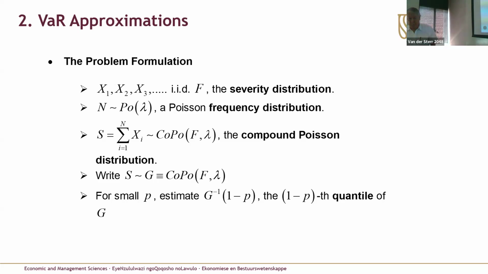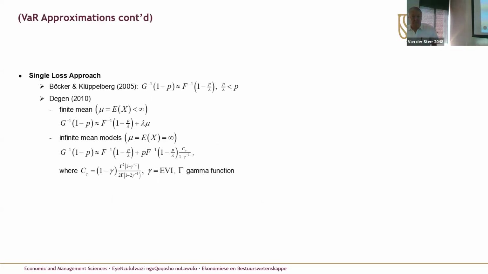So that's the formulation. Now, let me just say something about the approximations that I've mentioned before. I'm not going to go into any detail. The first one is the single loss approach, originally proposed by Böcker and Klüppelberg, which said I can approximate G inverse at 1 minus p, what I require, by F inverse, and remember, F is the severity distribution, at 1 minus p divided by lambda.